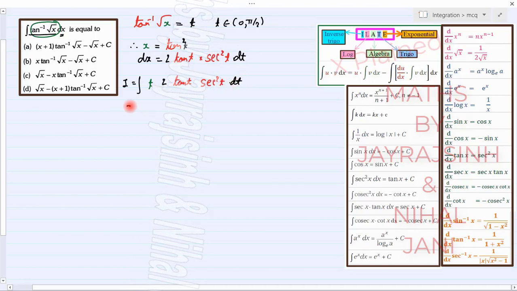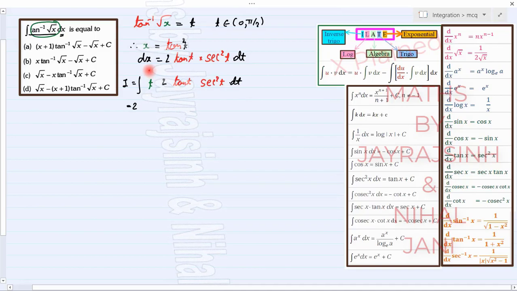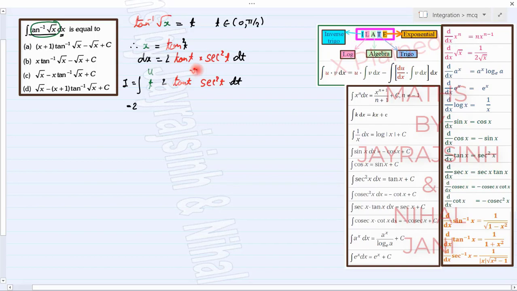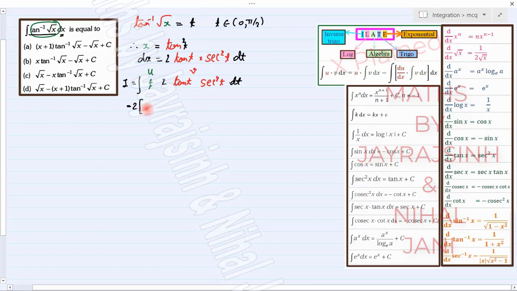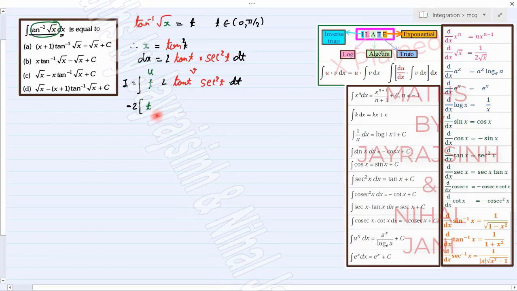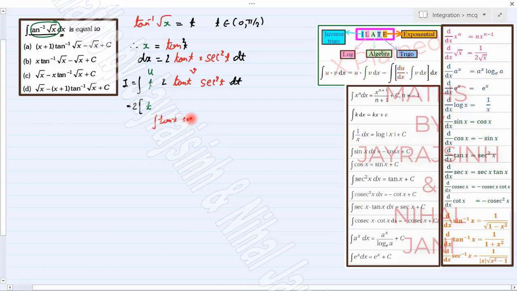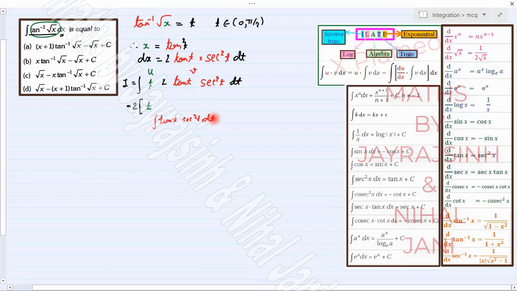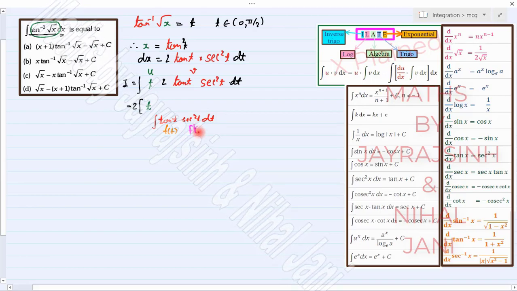Now this 2 is a constant, take it outside, and we have to apply integration by parts, where t will be selected as u and tan t into sec square t as v. So let's apply the formula. In the first term, your u will be as it is. We have to integrate tan t into sec square t, which is actually f(t) into f'(t).